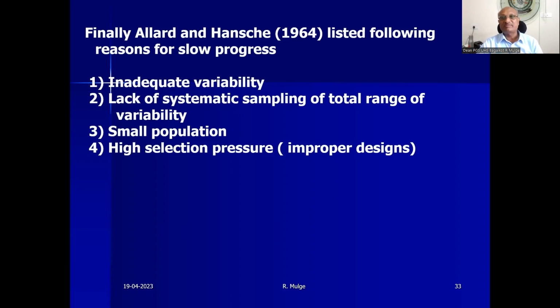Then those 10 best plants can do well because you have taken care of the environmental interference, the G×E interaction, and at least one or a few can be better. So that's why your selection pressure should not be very high. You're bound to lose a very precious genotype by high selection pressure.